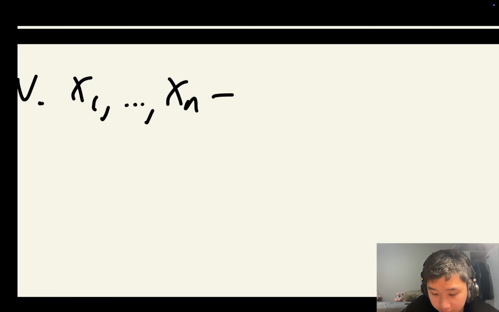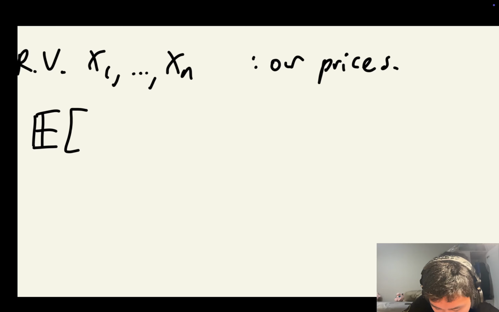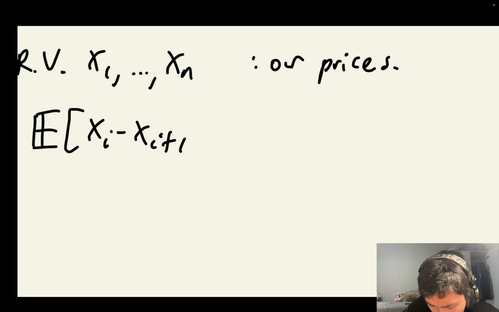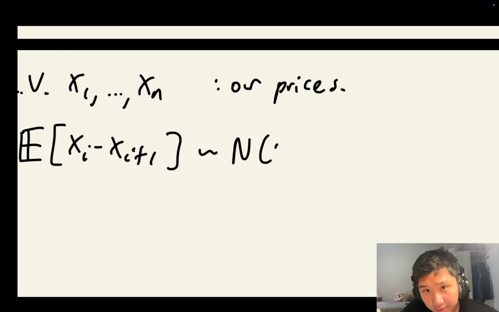So we have x1 through xn, random variables. These are our prices. Now we have that the expected price difference has a distribution of 0, s squared.